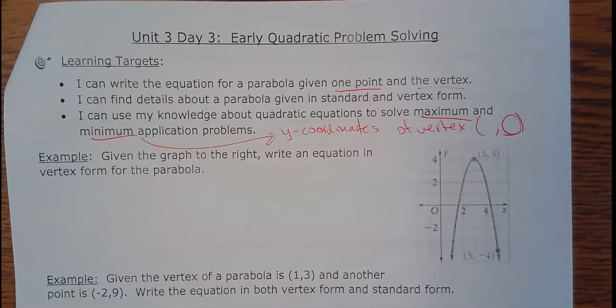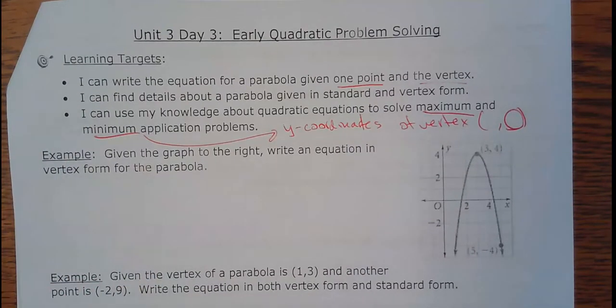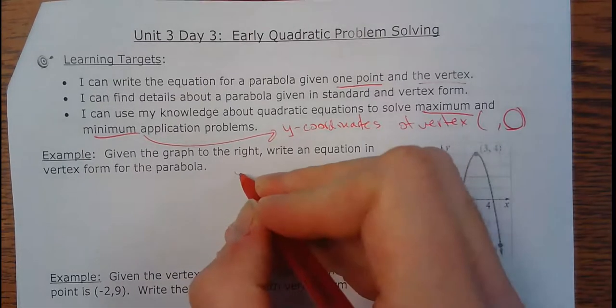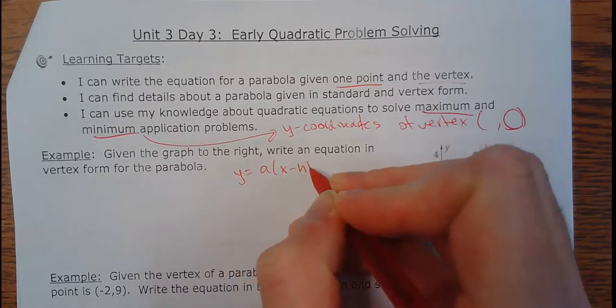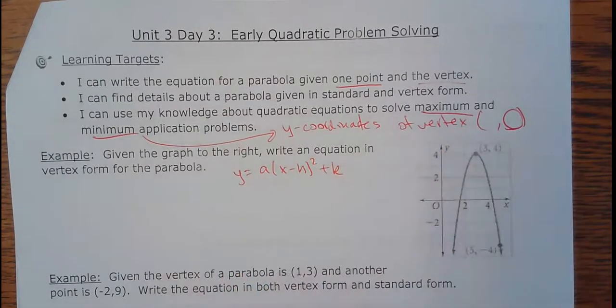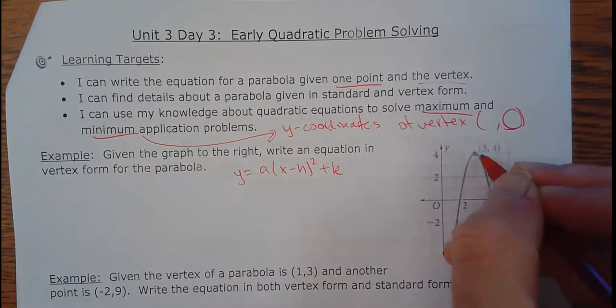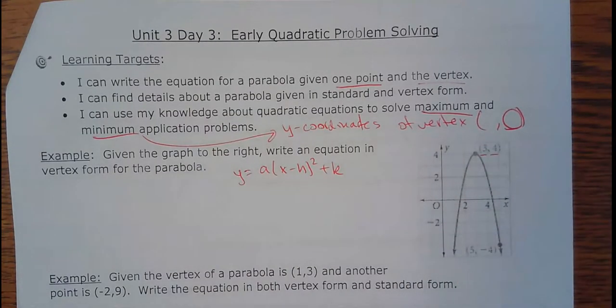So first problem here, we're going to do the first learning target. Given the graph to the right, write an equation in vertex form for the parabola. So first thing, vertex form, just a little refresher, it's going to be y equals a times x minus h squared plus k. And some students will want to just jump straight to plug in this h and this k and circle it and be done.